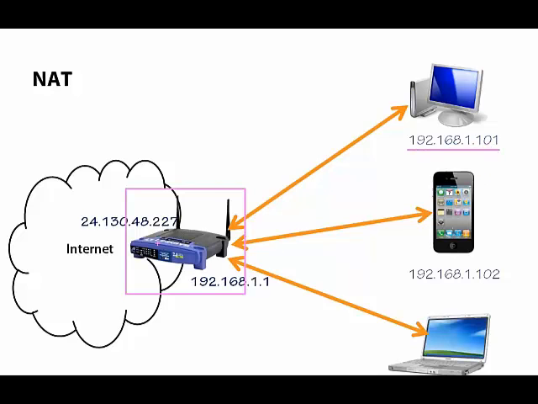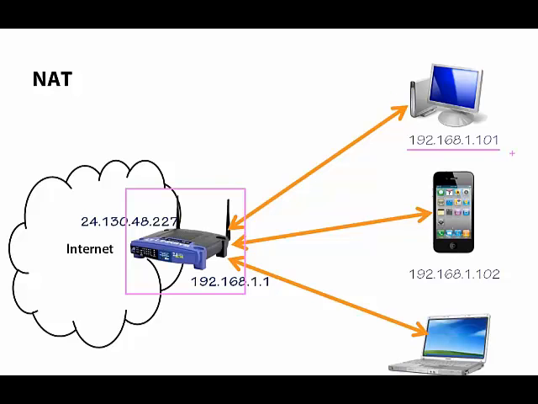Or on your routing device, you can say traffic destined for this specific port route to a specific internal IP address, and any traffic destined to this other specific port route to a different IP address.